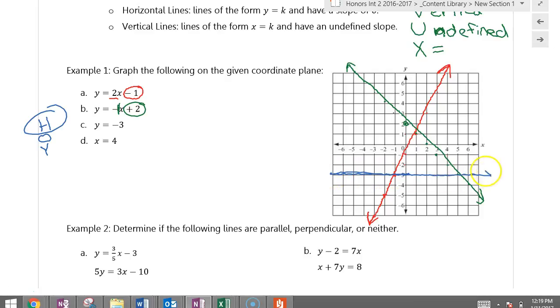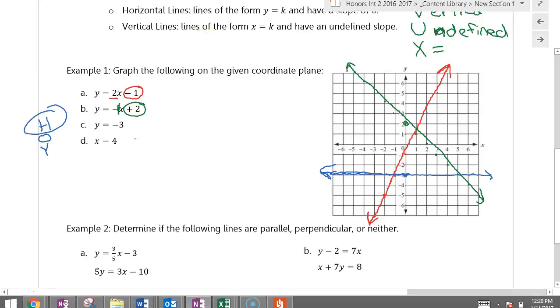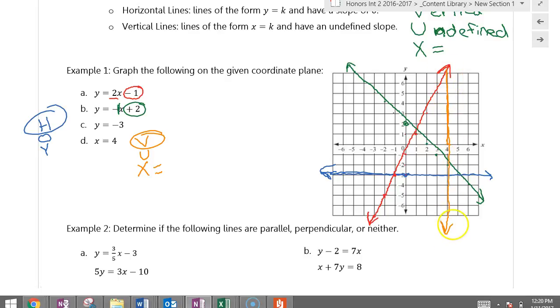It's y equals, so we're on our y-axis, where y is negative 3, and I just draw that horizontal line. X equals 4, that's in the word plus dux. X equals, and it's vertical. So I'm going to go where x is 4, and I'm going to draw a vertical line. And that's it for drawing our lines.